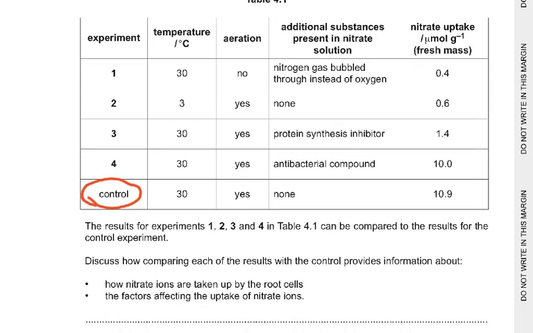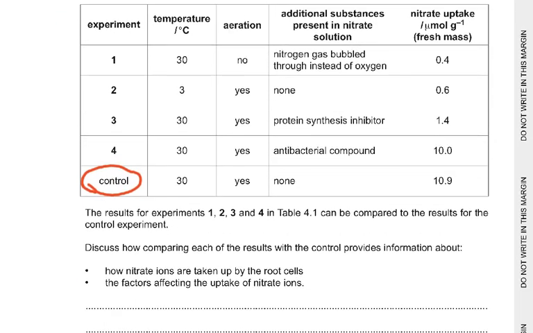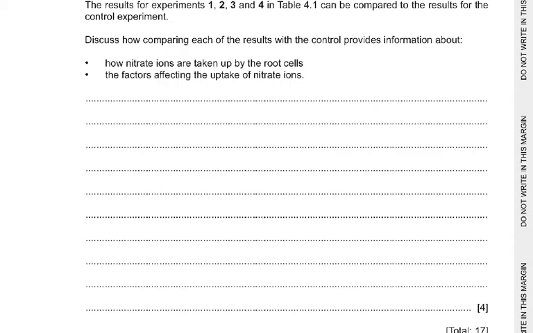Now it says describe how comparing each of the results with the control provides information about how nitrate ions are taken up by the root cells and the factors affecting the uptake of nitrate ions. So how do we compare the results and what do we get? We're getting that there's active transport, and the comparison of the experiments and control can be a whole lot of things.